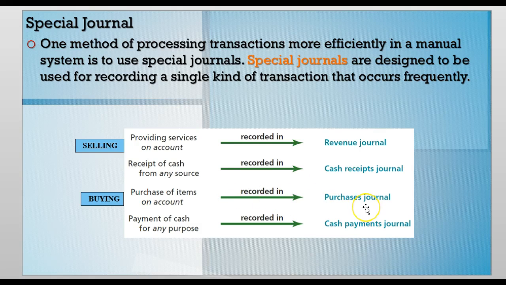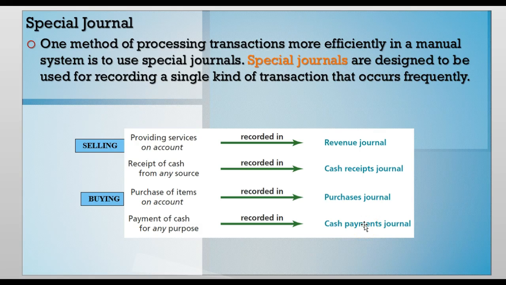The purchase journal is going to be everything that you buy on credit. So everything that goes into accounts payable is going to end up in the purchase journal. Then you have one final journal, and that's the cash payments journal.